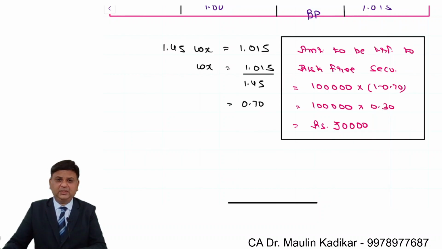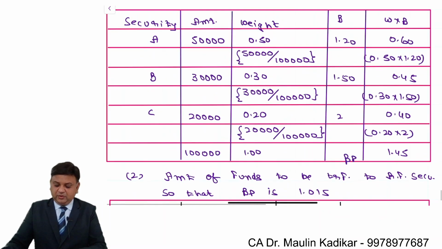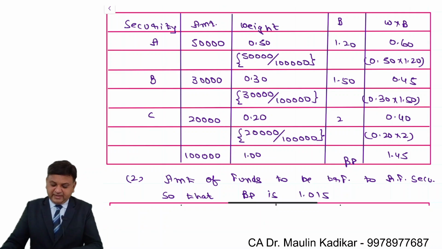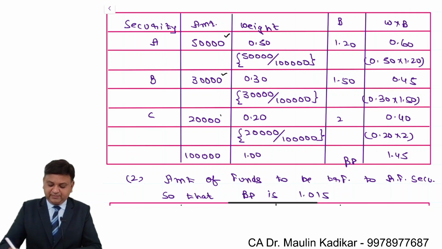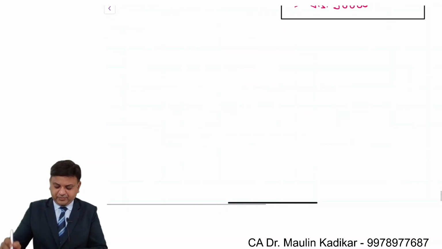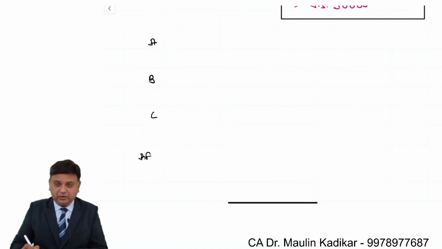Dear students, I need not mention it, but for understanding purposes, I would like to explain that 30% of the funds is required to be gathered by selling 30% of security A, 30% of security B, and 30% of security C. That is the way you are supposed to sell the investment. So only for understanding purposes, I am writing here A, B, C, and risk-free portfolio.